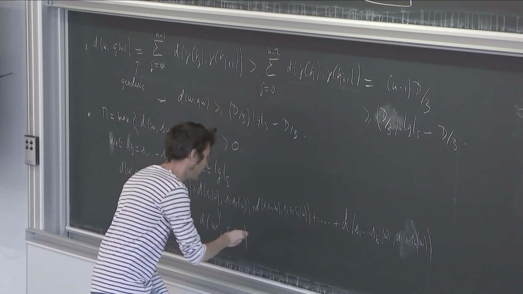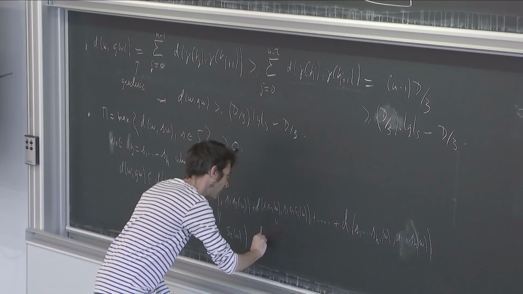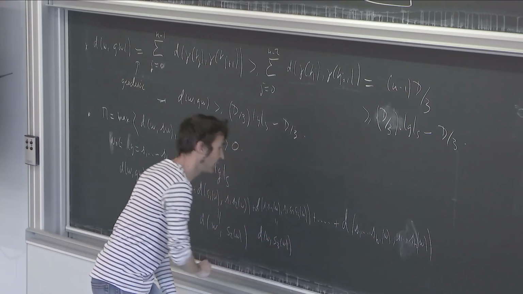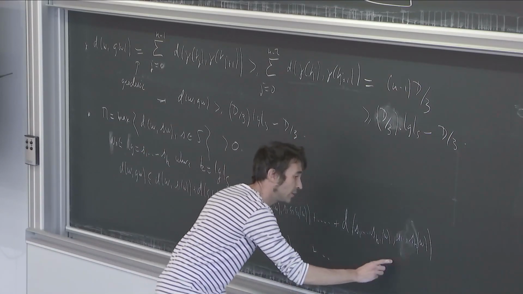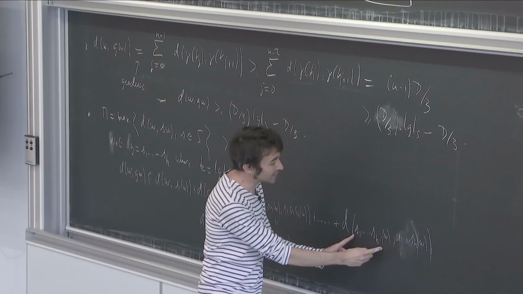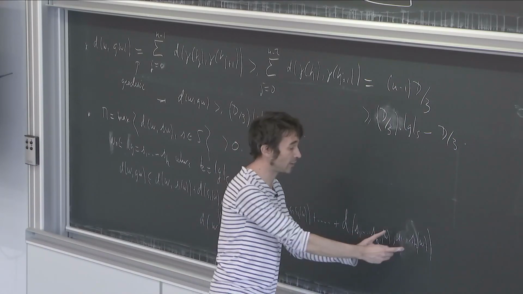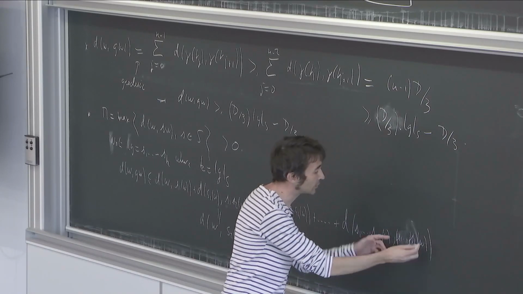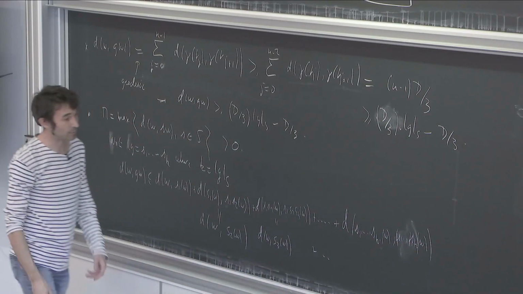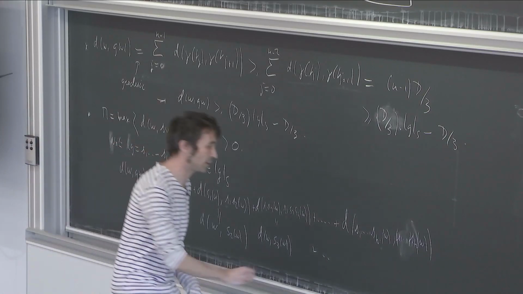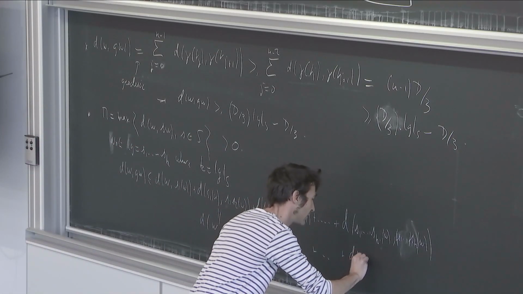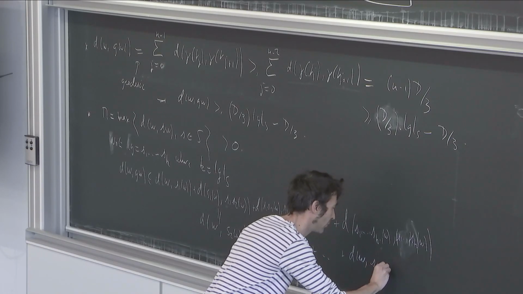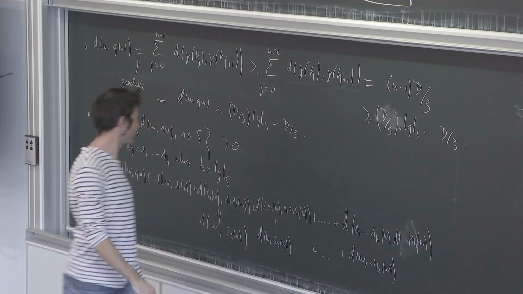So again, this is the same as the distance from W to S3 of W, and so on. And so here in the end, I have S1 up to Sk minus 1, that is an isometry. Here I have S1 up to Sk minus 1 just there. And so I can simplify because it is an isometry, and what I obtain is the distance from W to Sk of W.